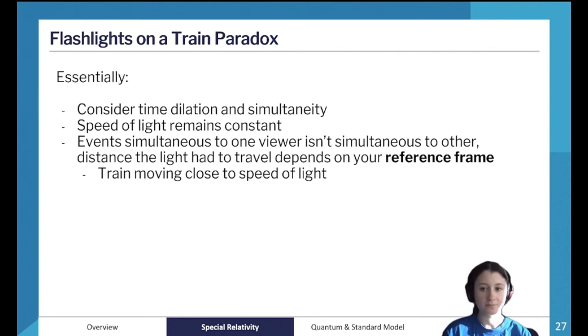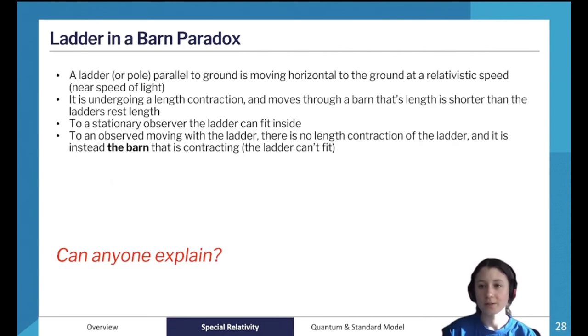Alright. Now let's hop into the last paradox, which is the ladder in the barn paradox. For this one, we have a ladder or a pole which is parallel to the ground.